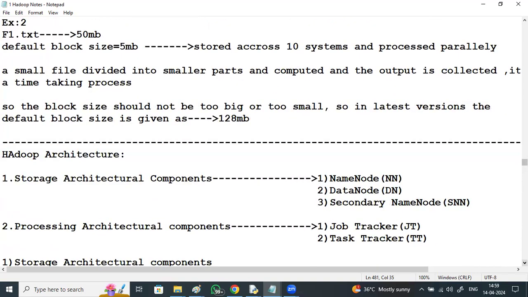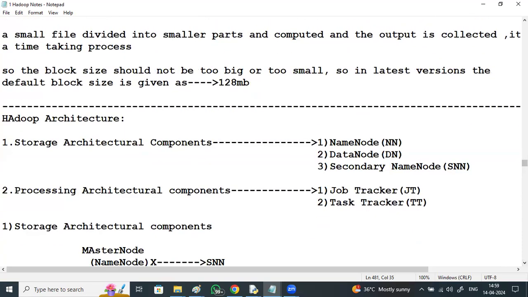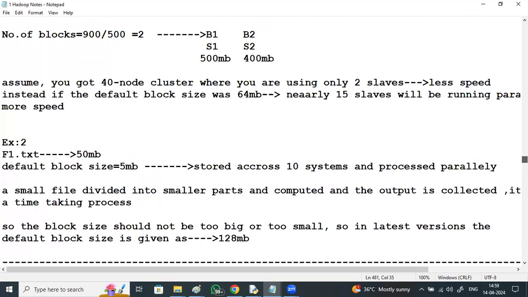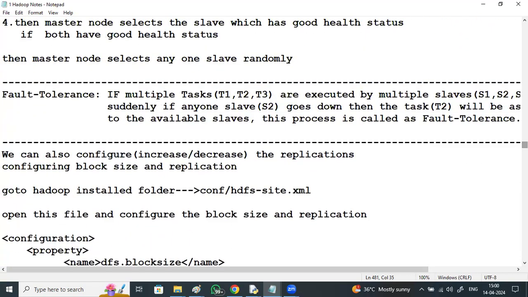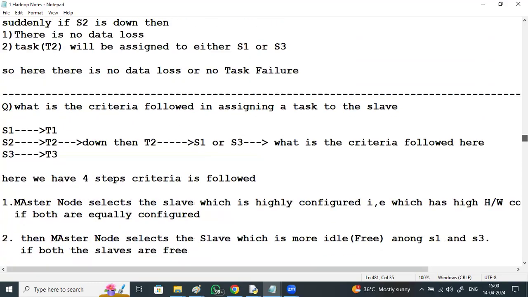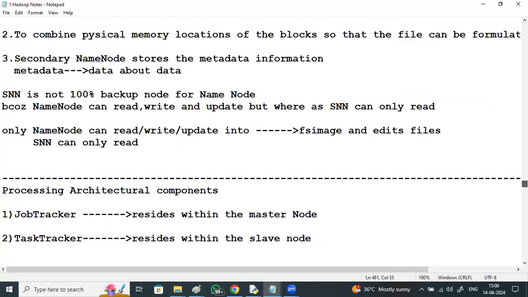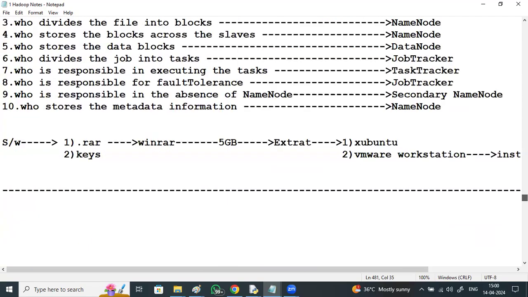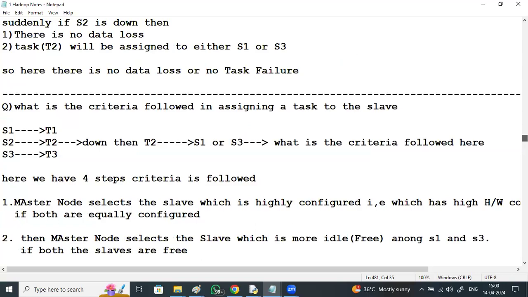So next, discussing the Hadoop architecture, right? Hadoop architecture. And before I go with this, good question.